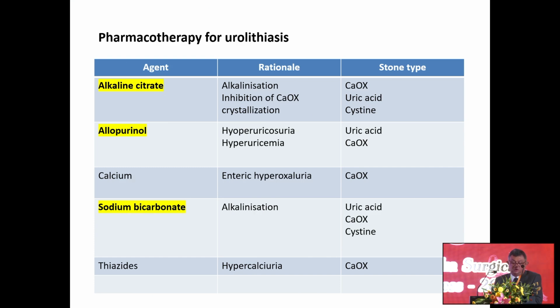Citrate is good for almost all types of stones that are common, whether it be oxalate, uric acid, or cystine, which is rare. I'm yet to see that many, but it's mostly uric acid and oxalate stones, or the mixed variety that we see. Same with bicarbonate, which is freely available in hospitals.